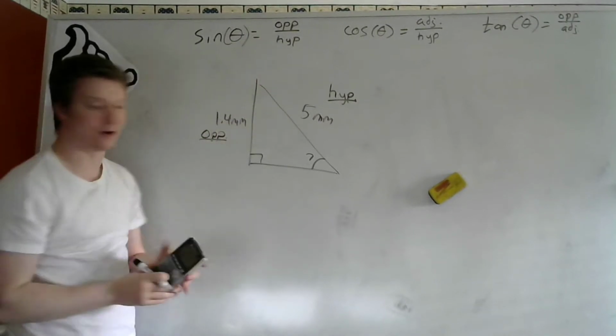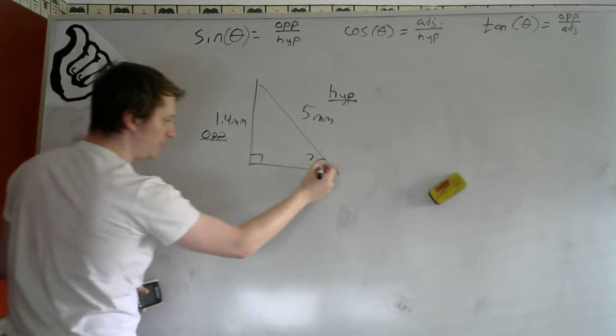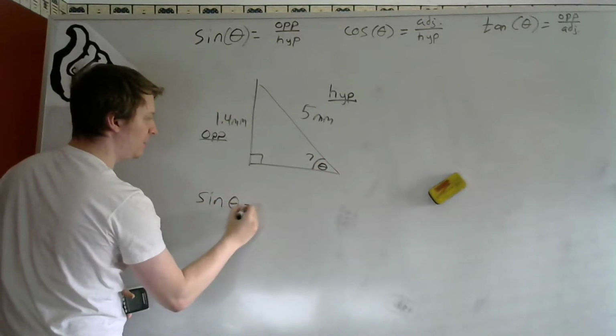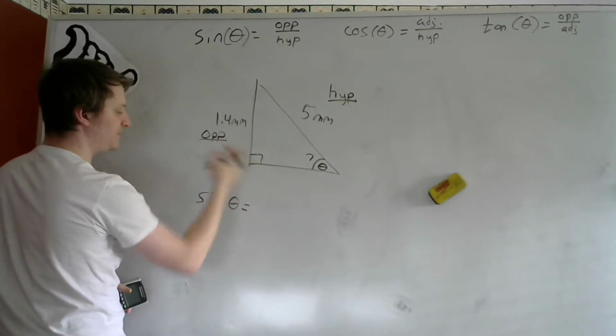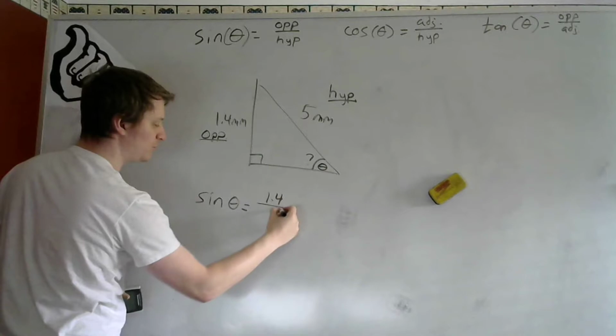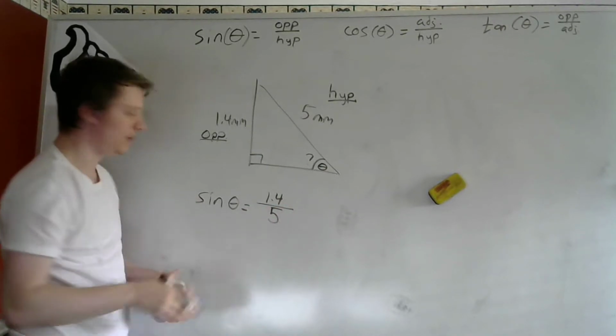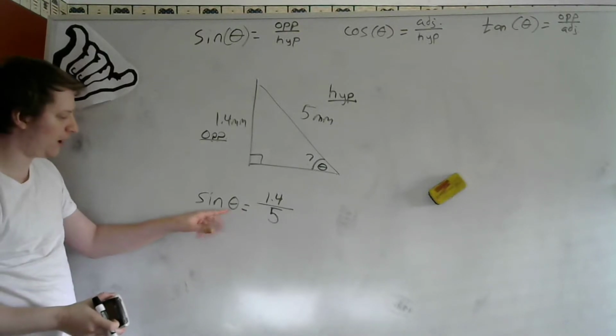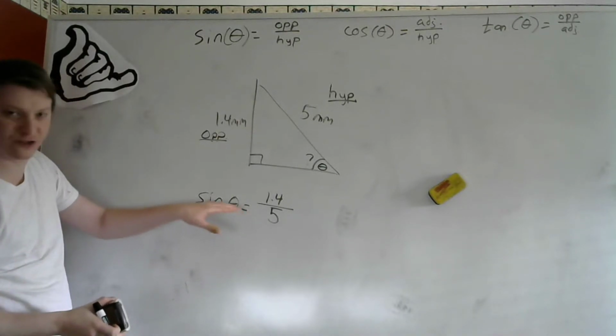So just to spell it all out, the sine of whatever this angle is, let's call it theta, the sine of theta is equal to the opposite, which is 1.4, divided by the hypotenuse, which was 5. Oh, no! But I don't want sine of theta here. I want just theta here.